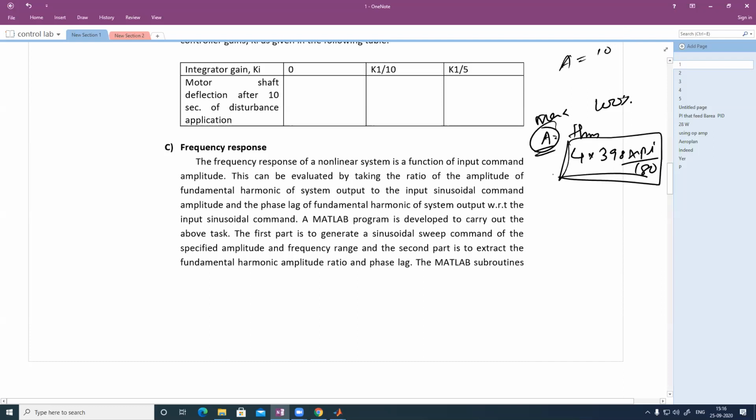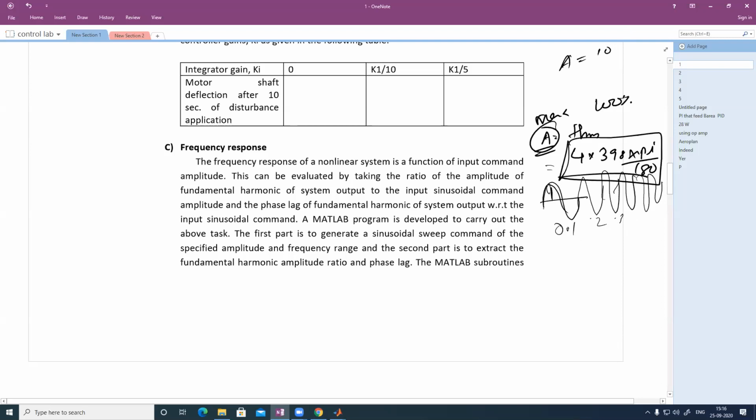You are applying a sine wave of this amplitude with frequency 0.1, then changing the frequency to 0.2, 0.3, 0.4, like that up to 1.